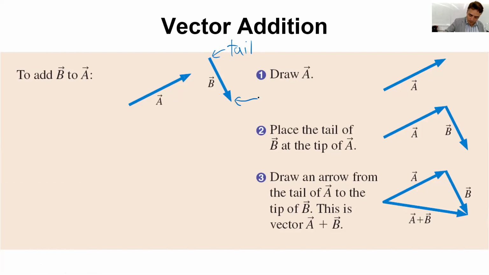And this is called the tip. Place the tail of B at the tip of A, and then you draw a new vector from the tail of A to the tip of B. And that new vector is called the vector sum. It's A plus B.